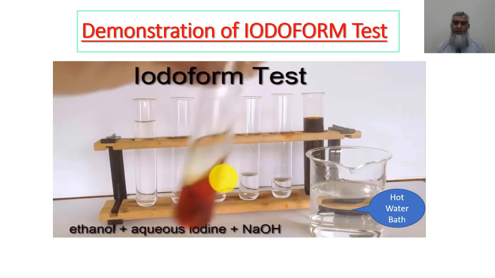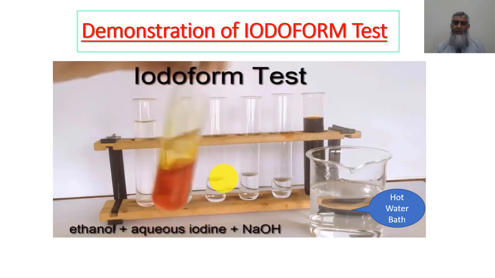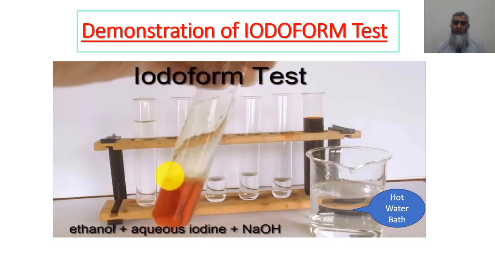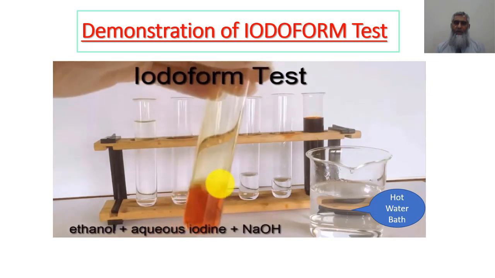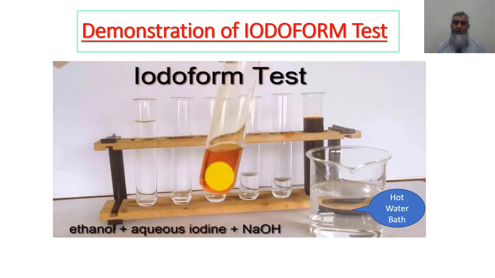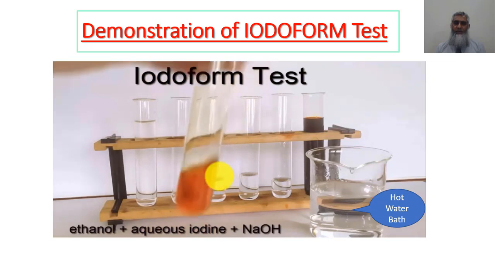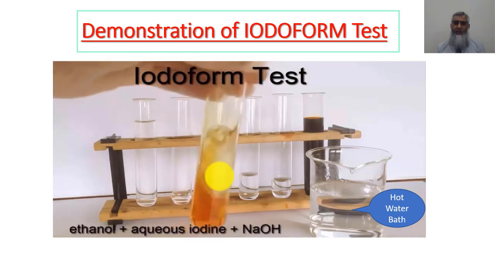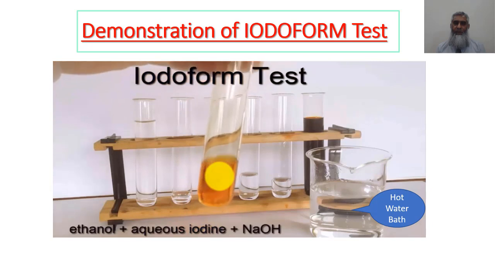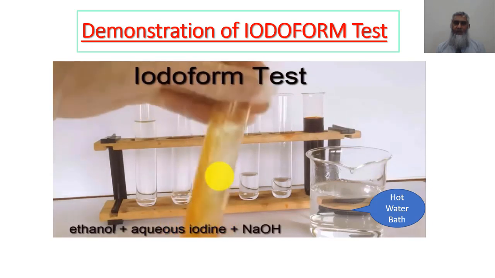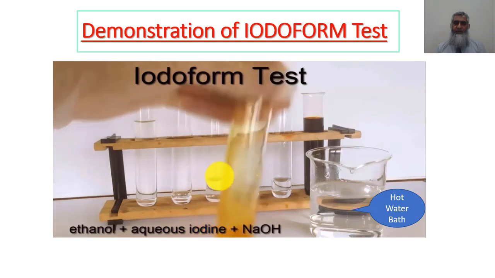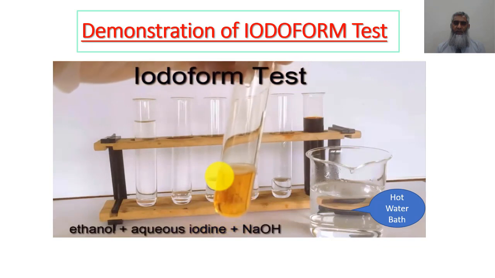Shake well so that the reactants may combine with each other. Add more sodium hydroxide so that the reaction may take place completely. Continue the addition of sodium hydroxide until the reddish brown color of iodine is removed.